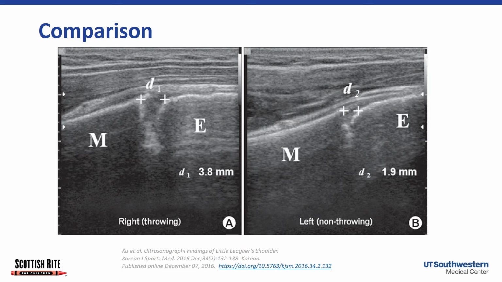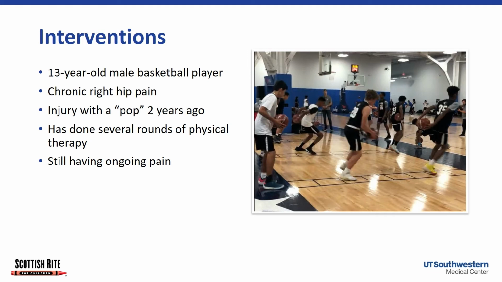And then if we go over to the non-dominant side, we can look at that physis as well, and we see, wow, that side is half the size, half the width of the dominant painful side. And so that can help, once again, guide our treatment and help discover what is causing the symptoms or the issues in this patient.